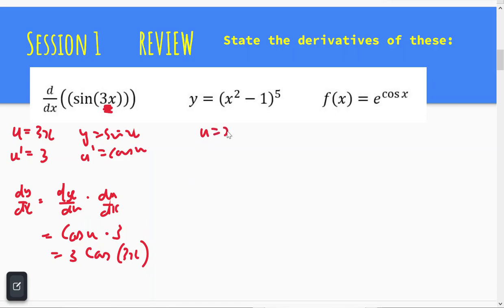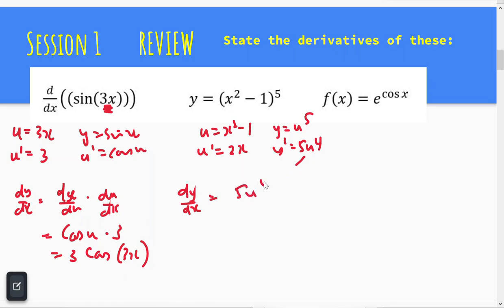If u equaled x squared minus 1, then u dash equals 2x, and y equals u to the 5, so y dash equals 5u to the 4, which means that dy dx is going to equal 5u to the 4 times 2x, which is 10x times u to the 4.